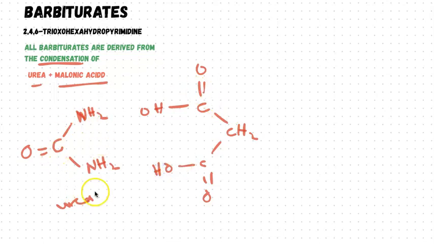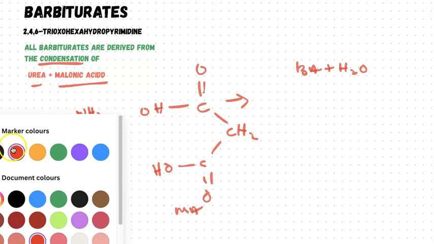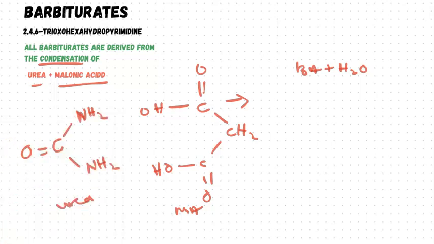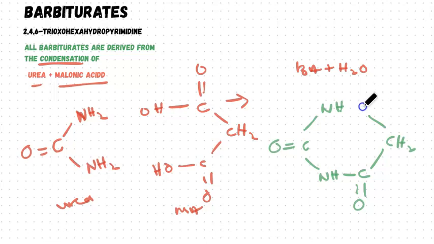So the condensation of urea and malonic acid will essentially give us barbituric acid plus water. Barbituric acid is just a combination of both of these. So it will be NH, C double bond O, NH, C double bond O, CH2, C double bond O, and NH.